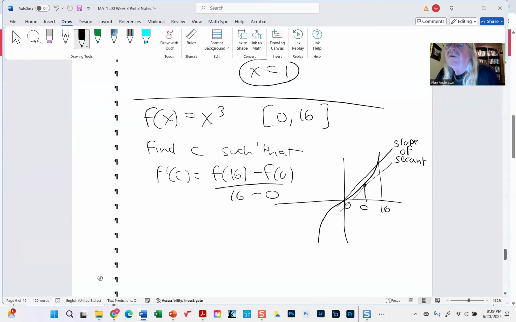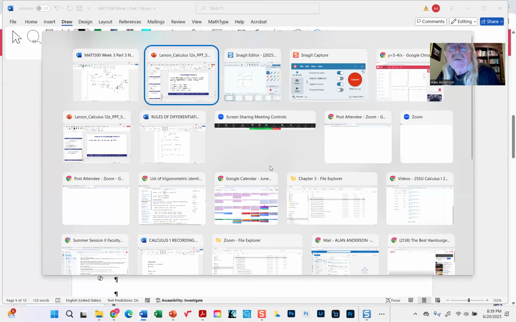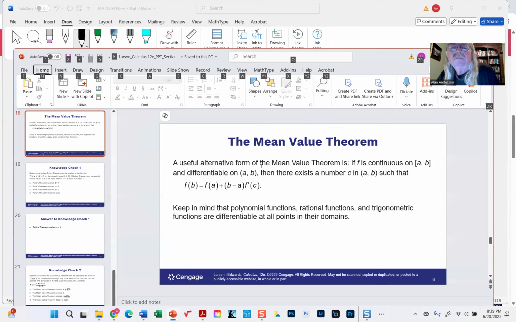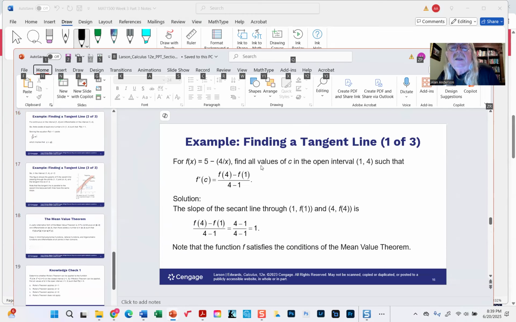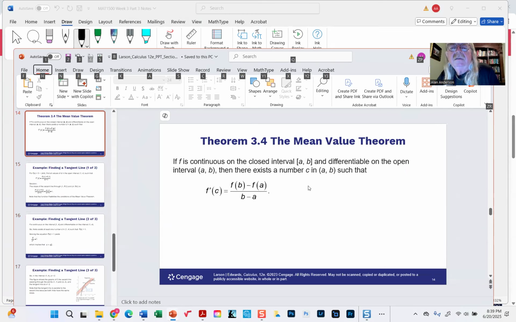Now, again, it's a polynomial. It's smooth and continuous everywhere, and differentiable. We don't have to worry about that. That's all we need. So why don't we do this?